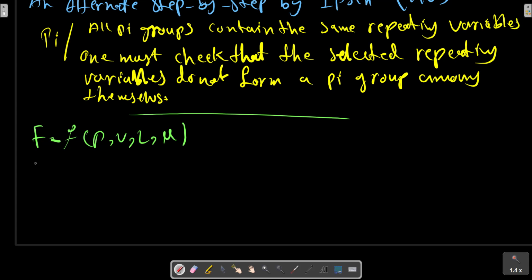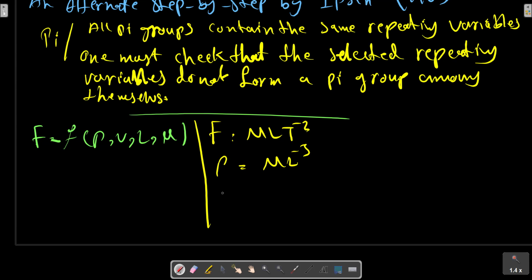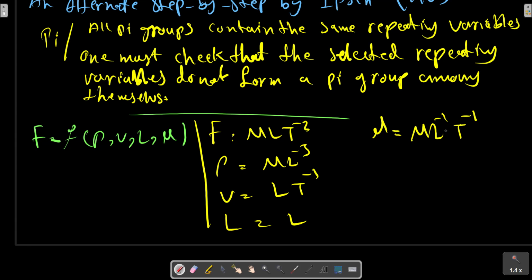We have the dimension of F, which is M L T^-2. The dimension of rho is M L^-3. The dimension of V is L T^-1, and the dimension of L is L, and the dimension of mu is M L^-1 T^-1. There are three dimensions, M, L and T.